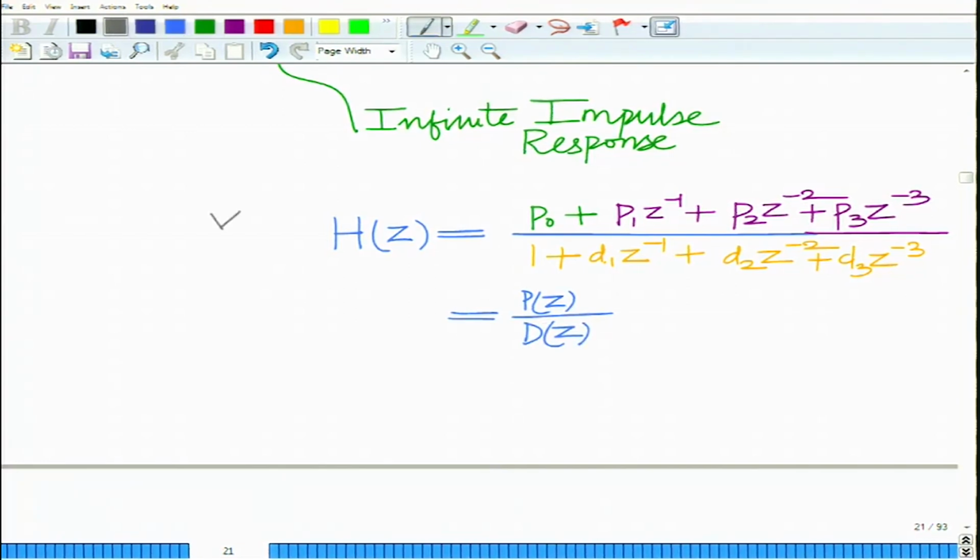Remember, this is the output Z transform Y(z) divided by X(z), and this can be implemented as follows.